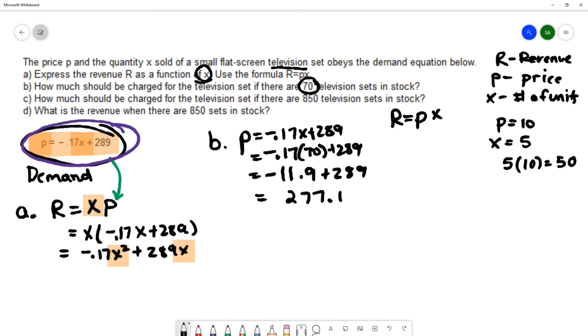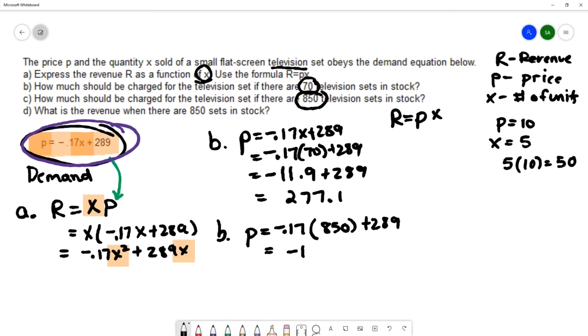In the next part it says how much should be charged if we have 850 televisions in stock. So we're going to do the same thing. P equals negative 0.17. This time we'll substitute 850 in for X. We're going to do negative 0.17 times 850.